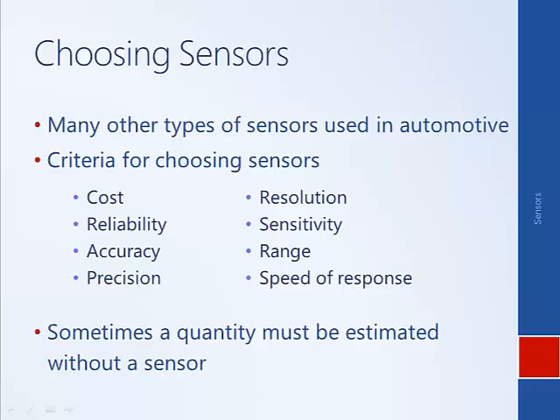One reason why a sensor might not be available is just because it's prohibitively expensive. Sometimes a sensor might not even exist. For example, there isn't really a sensor for measuring the state of charge of a battery, and so a mathematical model in essence must be used to estimate that quantity. The use of an estimator can also improve reliability because in essence it can't break down.